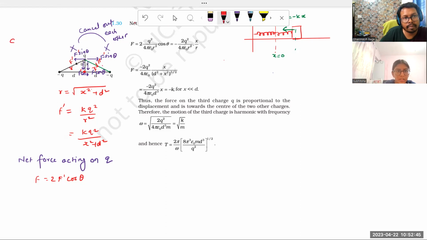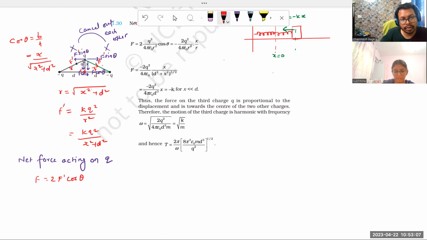You yourself can figure it out. Cos theta is equal to X by R. Cos theta is equal to b by h, right? So in this case, base is equal to X and h is equal to simply root over x square plus d square. Clear?